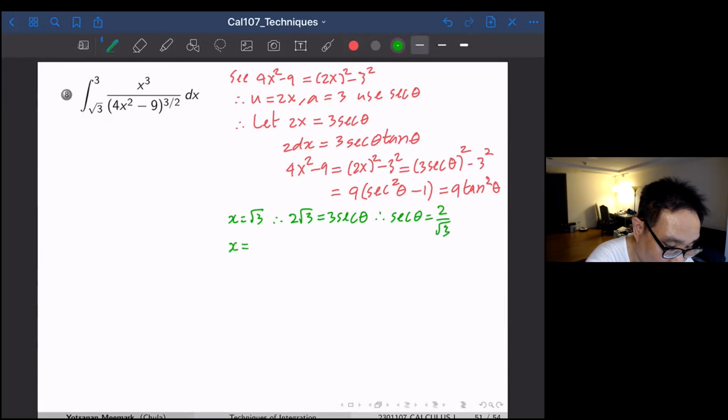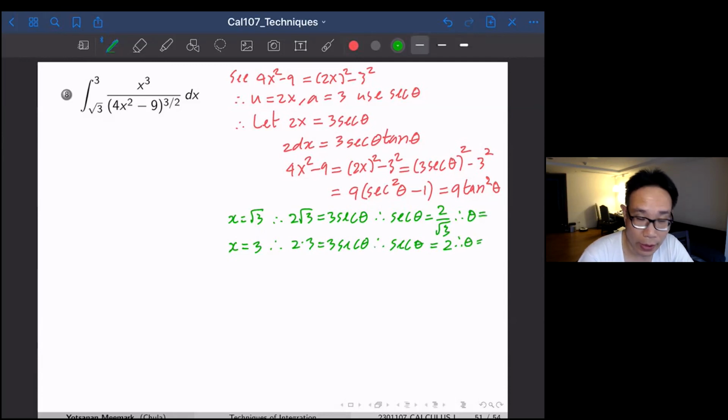For x equal to 3, you have 2 times 3 equal to 3 sec theta, so you get sec theta equal to 2, so you get theta equal to pi over 6 and pi over 3.